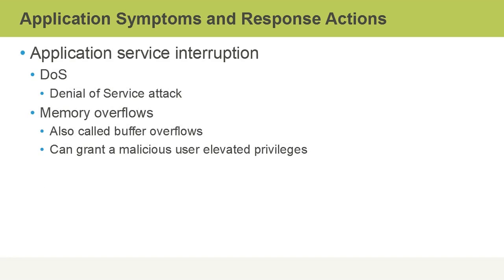Application service interruptions can also take the form of denial of service attacks or DOS attacks. A DOS attack essentially renders a system unusable for legitimate uses. It could be as simple as making a machine crash, or it could be flooding a machine with network traffic such that legitimate users can't even get in. Now, what do we do about that?